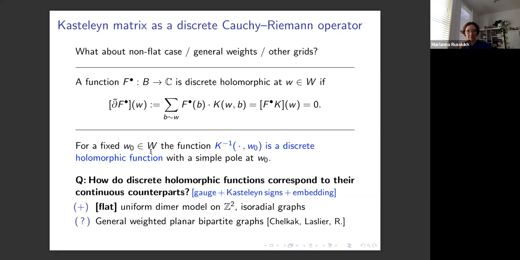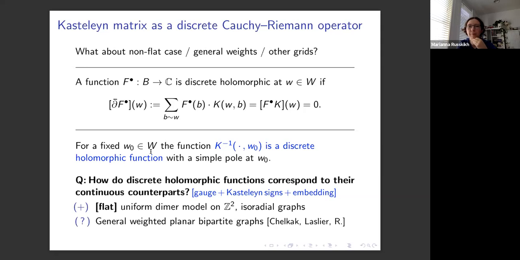So probably this is a stupid question. You're kind of forcing the model to have these edge weights, so that this function comes out with some discrete holomorphicity, and then I guess what you want to do is to show that the fluctuations of the height function go to the Gaussian free field.